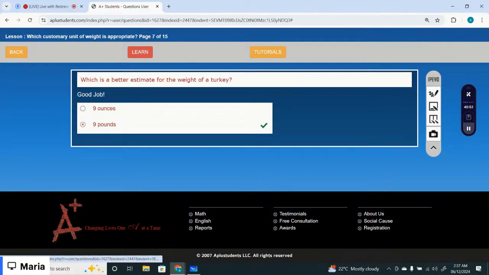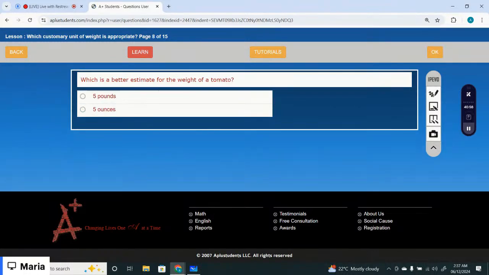Option number 2 is the correct option. Which is a better estimate for the weight of a tomato? That is 5 ounces. Option number 2 is the correct option.